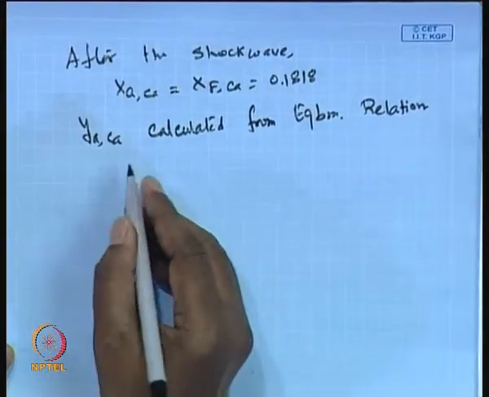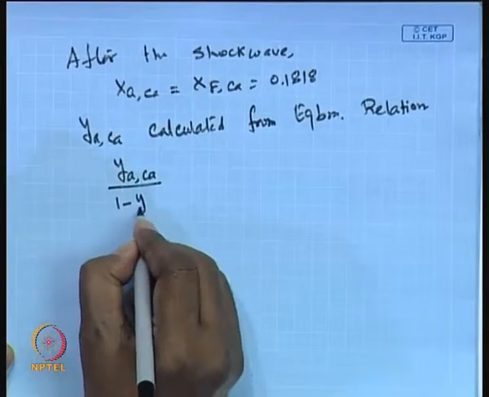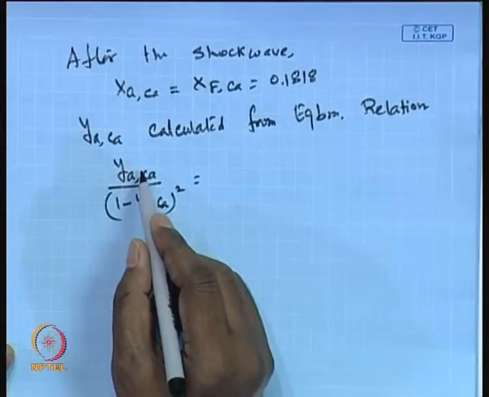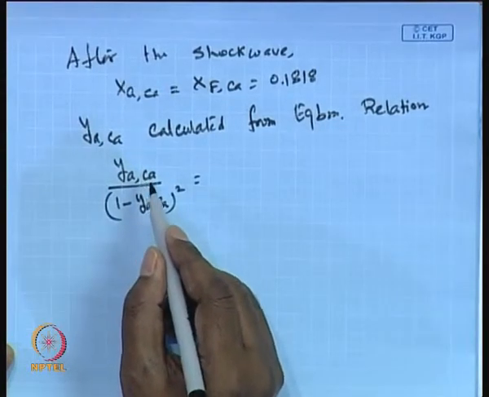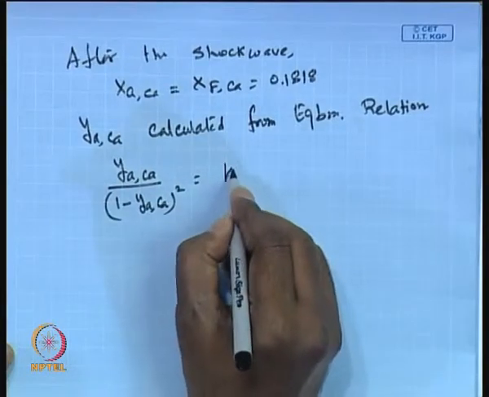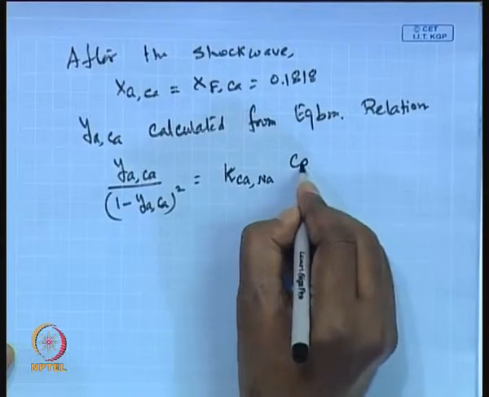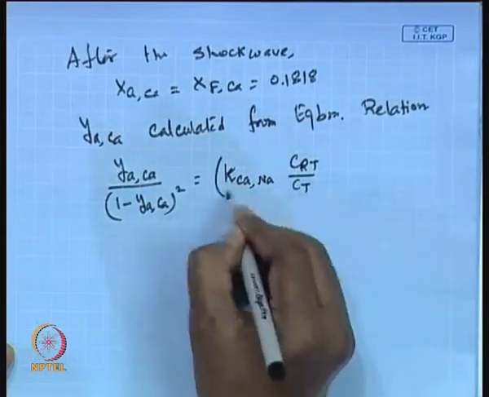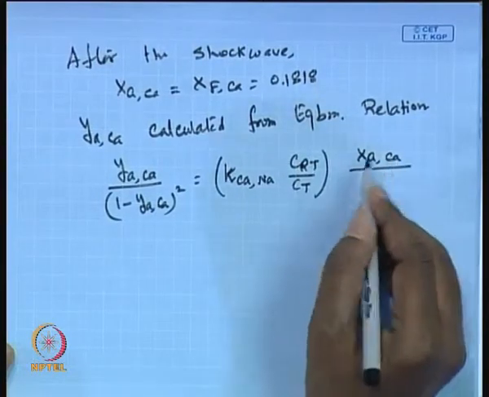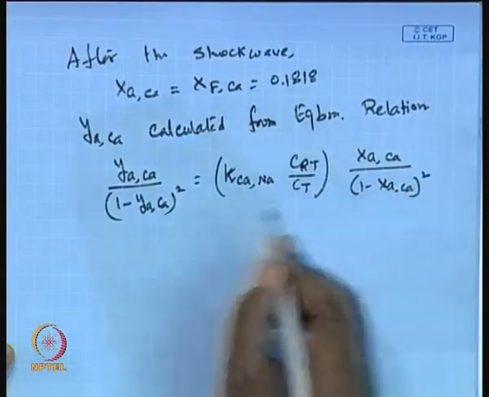Now, if you look into the equilibrium relation, this becomes Ya Ca divided by 1 minus Ya Ca square. Ya Ca is basically the mole fraction of calcium after the shock wave in the resin phase. Okay. So, this will be nothing but K CaNa CRT divided by Ct, times Xa Ca divided by 1 minus Xa Ca square of that.